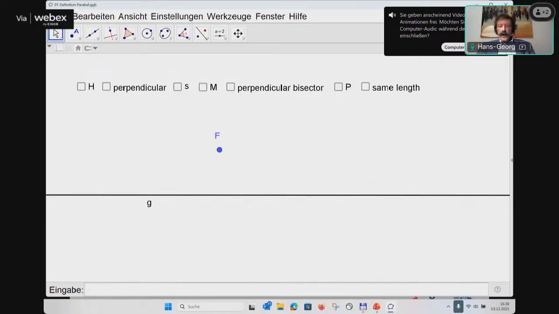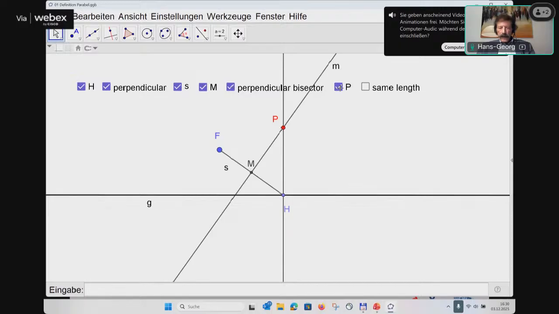They are defined if you have a straight line and you have a point F, and then you look for a point which has the same distance from F and to H, so the same distance to this point and the straight line.